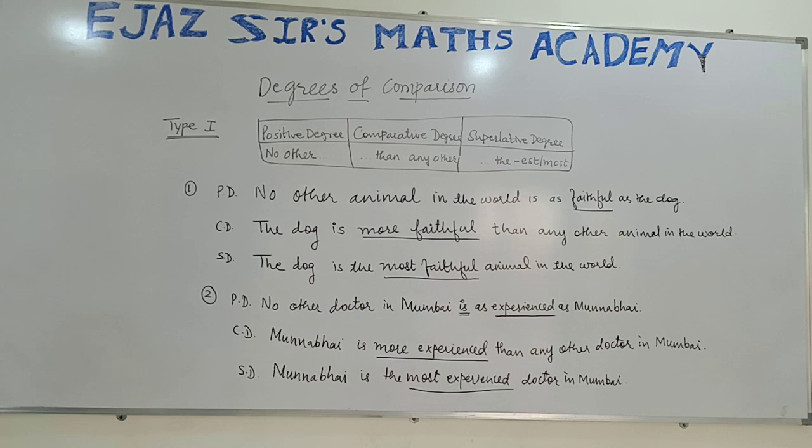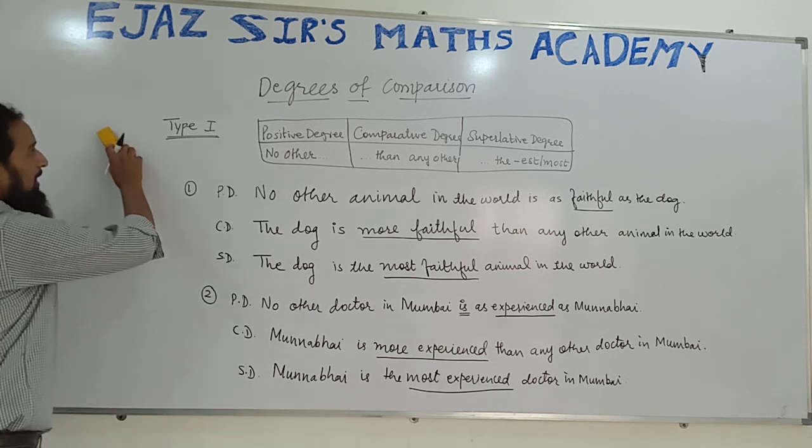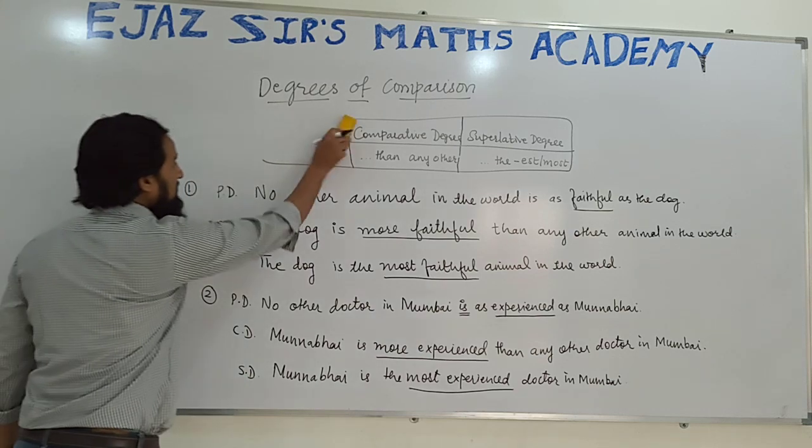Munna Bhai is the most experienced doctor in Mumbai. So these are two examples given by me. You can study them properly so that you will be able to solve more examples of this kind. I am erasing the heading.